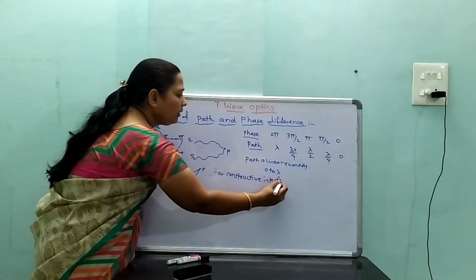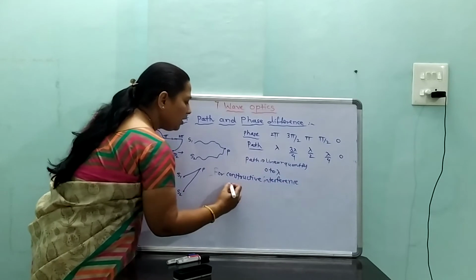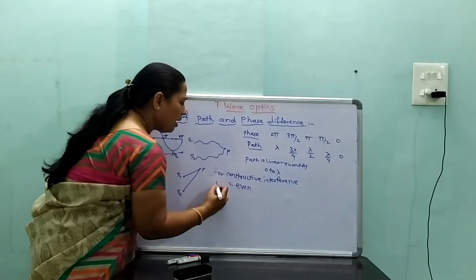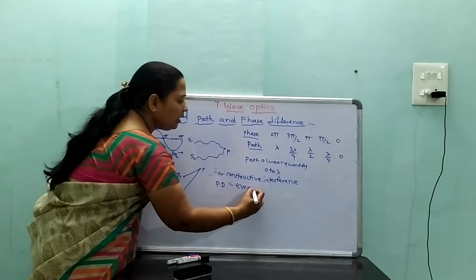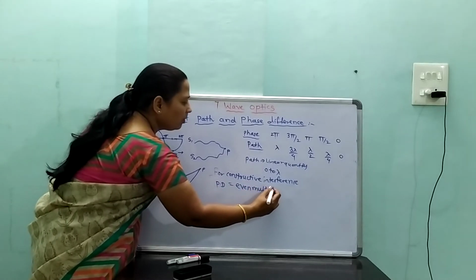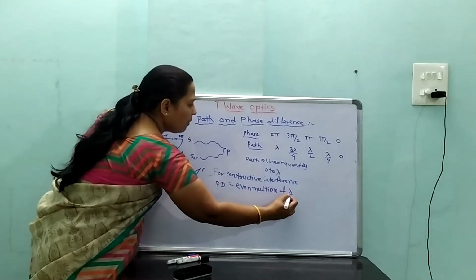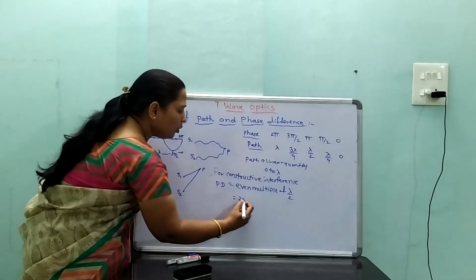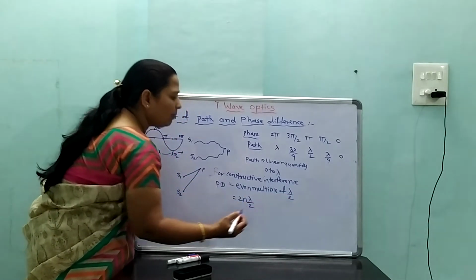The condition for constructive interference is that the path difference is an even multiple of lambda by 2, meaning 2n into lambda by 2.